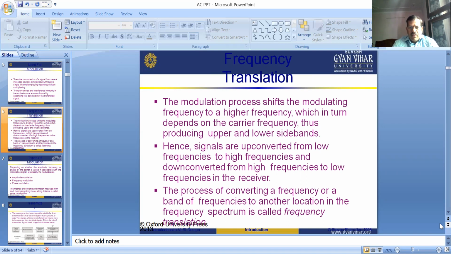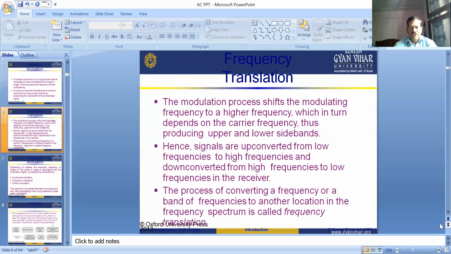The process of converting a frequency or a band of frequency to another location in the frequency spectrum is called frequency translation. What is frequency translation?